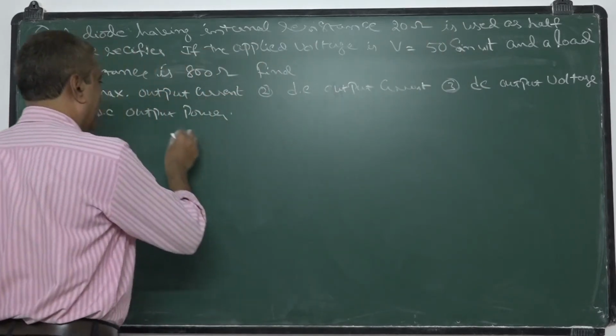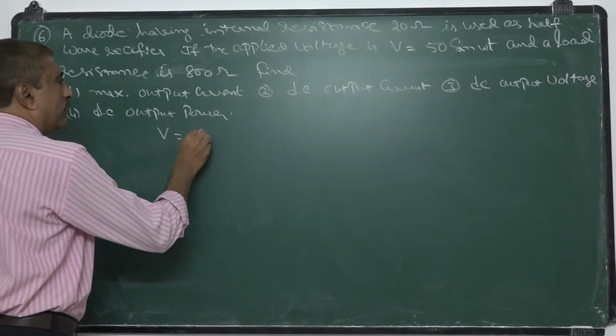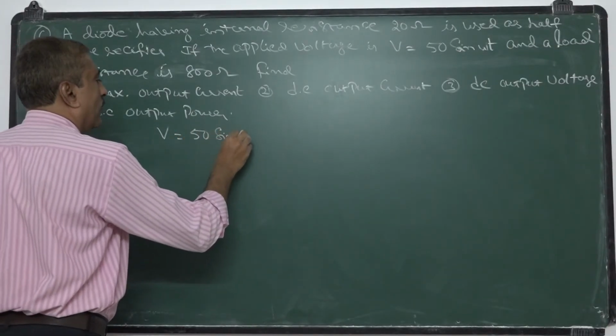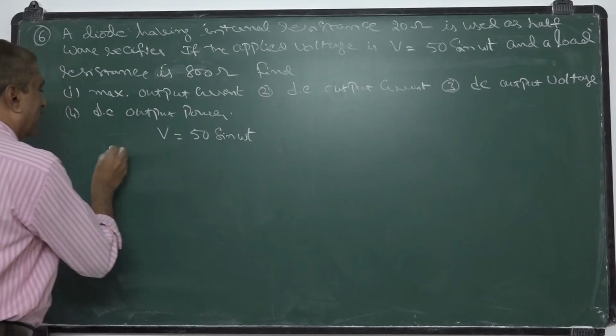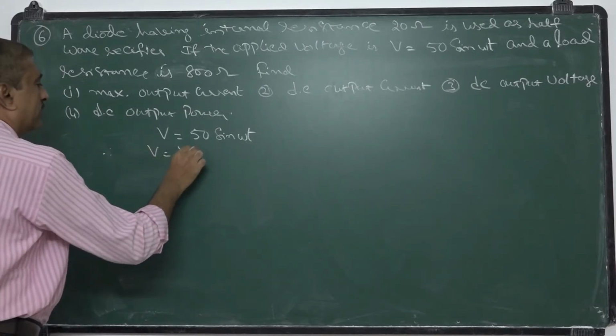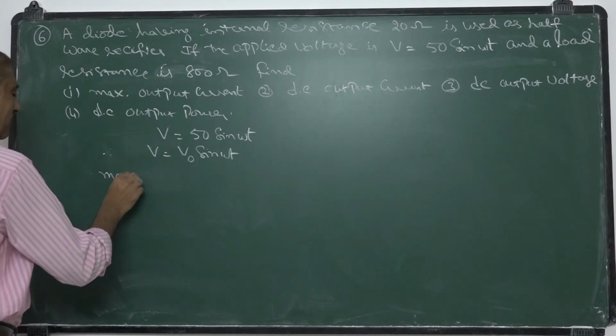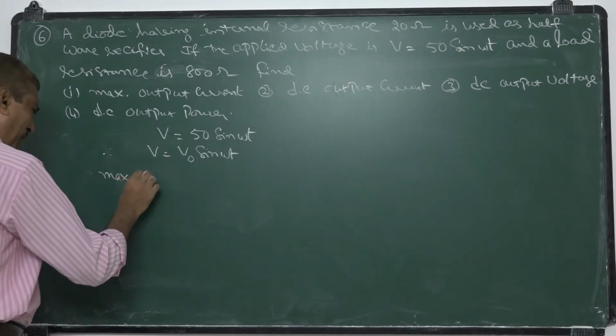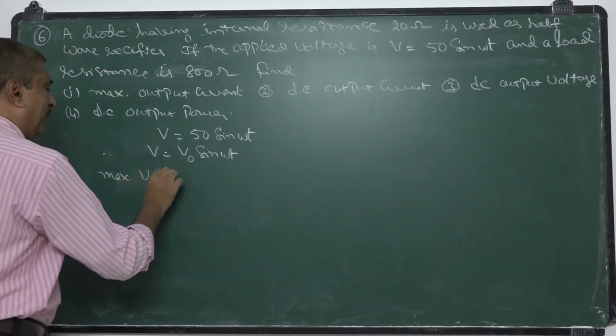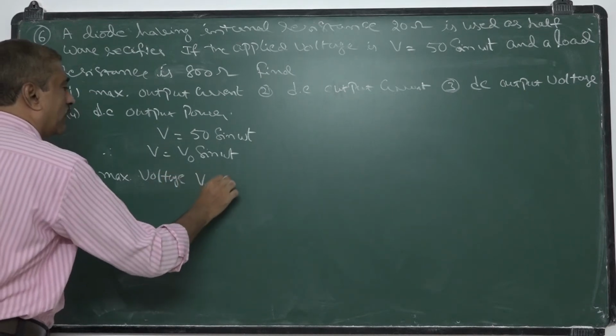Given V is equal to 50 sin omega t, comparing with V0 sin omega t, the maximum voltage V0 is equal to 50 volt.